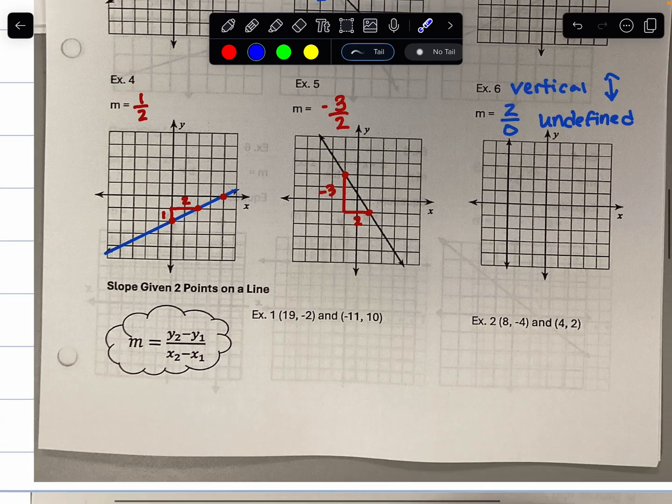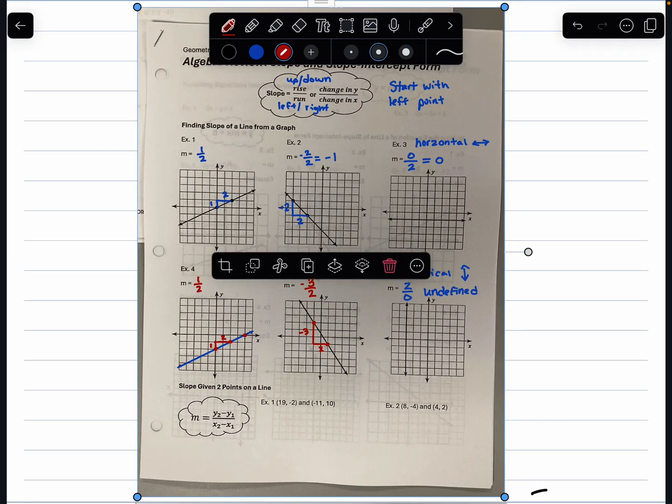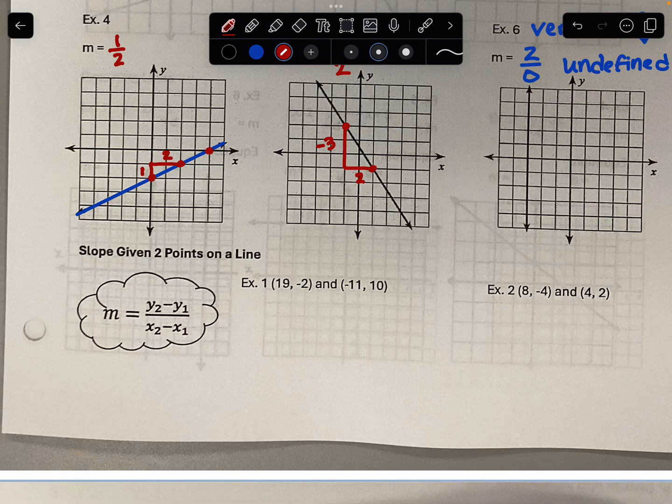Okay, part 2, finding slope given 2 points. Now, surely we remember this, y2 minus y1 over x2 minus x1, yes? Okay, so Trent, on example 1, how would I set up to find my slope? 10 minus -2. Good.